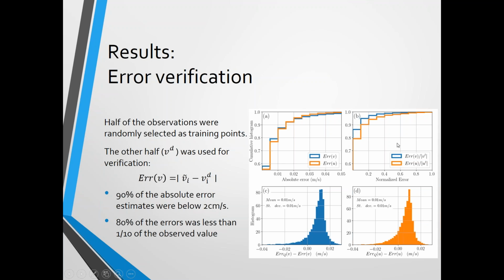And here is the error normalized by the observed value. So 80% of the errors were less than 1/10 of the observed value. So you can roughly say that 80% of the estimates have a 10% error. And I also compared this error with the error estimated from the posterior covariance.